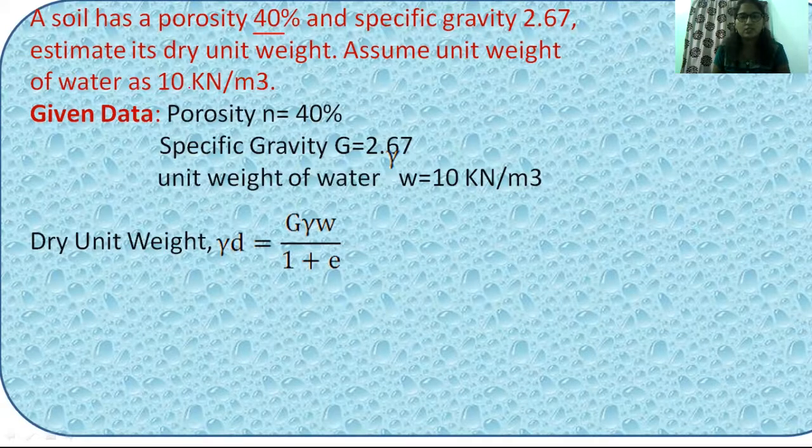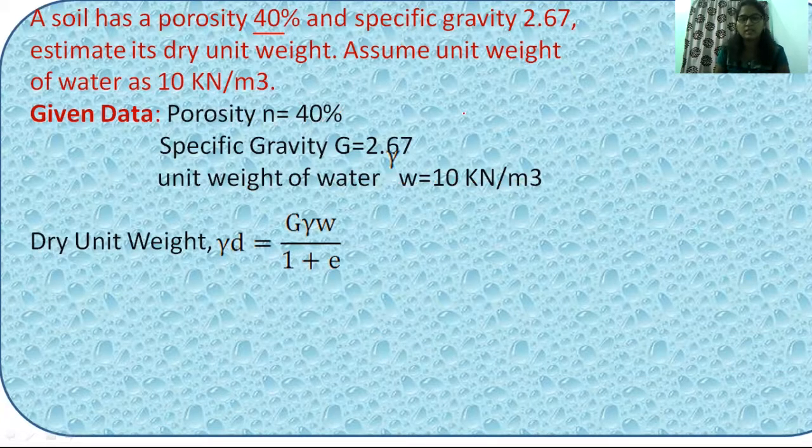Assume unit weight of water as 10 kilonewton per meter cube. First of all, we write the given data. Porosity N is equal to 40%, specific gravity G is equal to 2.67, and unit weight of water gamma W is equal to 10 kilonewton per meter cube.